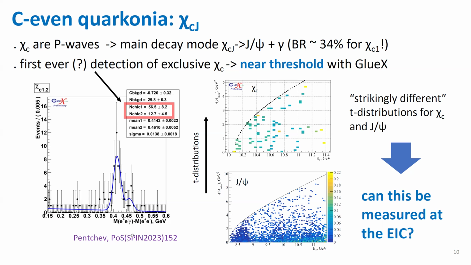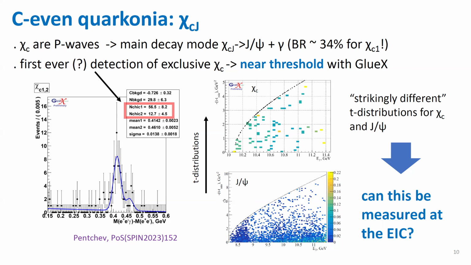The highlight of this result is that a t distribution of chi-c was obtained. They compared the t distribution of chi-c with the t distribution of J/psi.